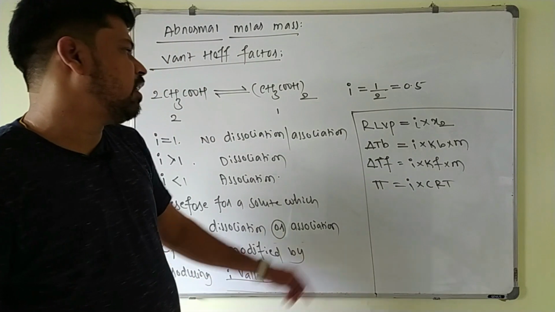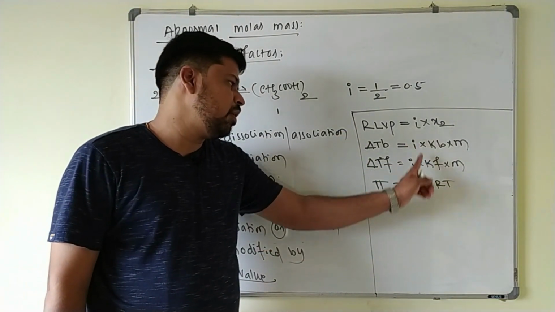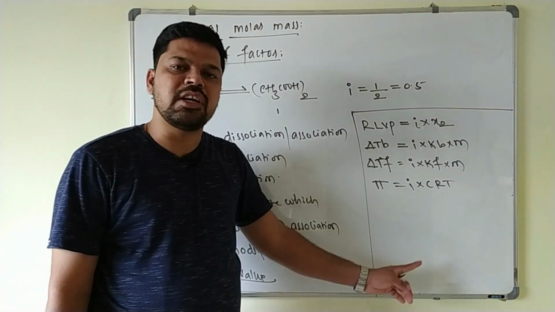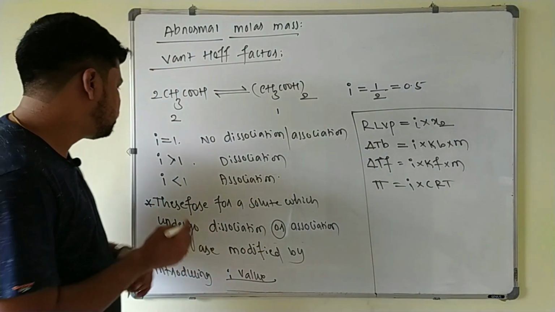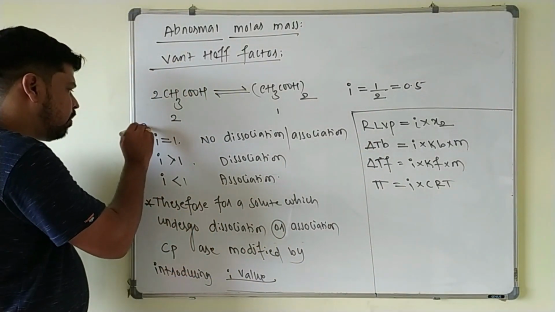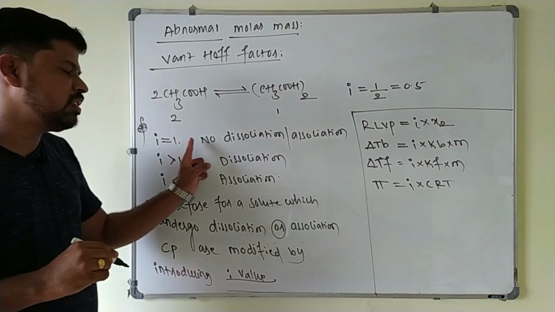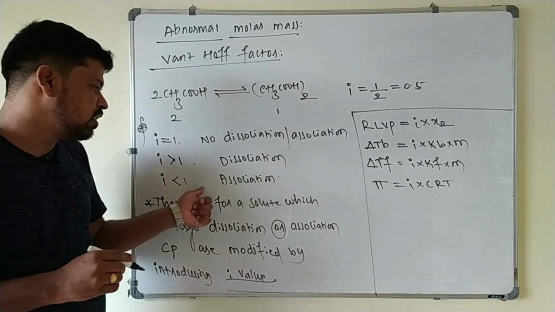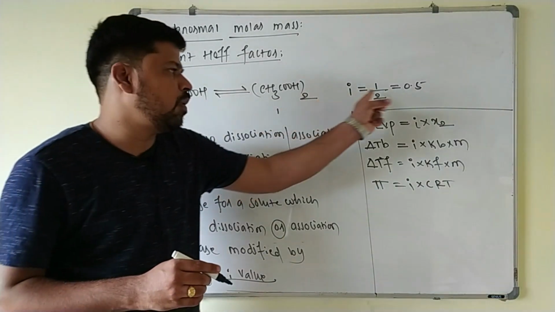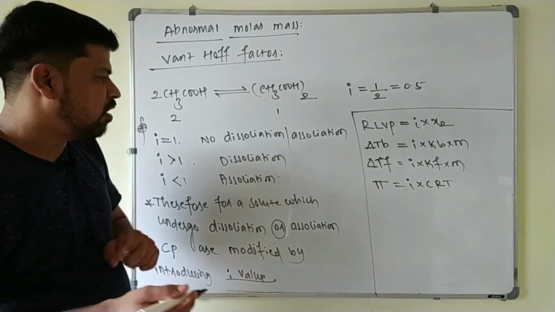So, all the colligative properties are multiplied by what? I value, if the solute is undergoing association or dissociation here. These points are very, very important. You have to remember, for a non-electrolyte I value is equal to 1. For a solute which undergoes dissociation, greater than 1. For association it is what? Less than 1, which is proved by examples.